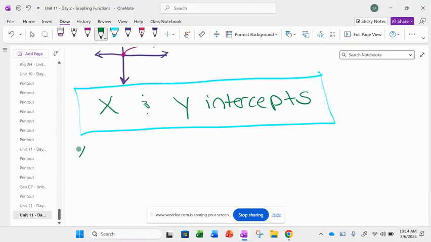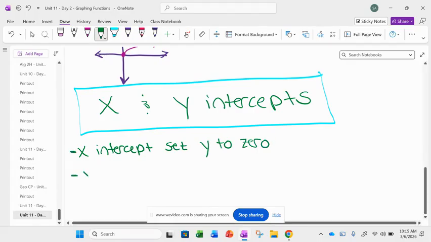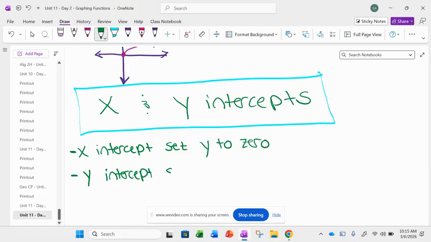Okay, so for the x-intercept, what are we going to do? Set y to 0. The y-intercept, any guesses? Set x to 0, exactly.